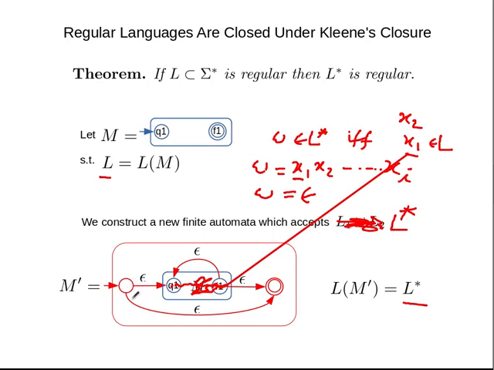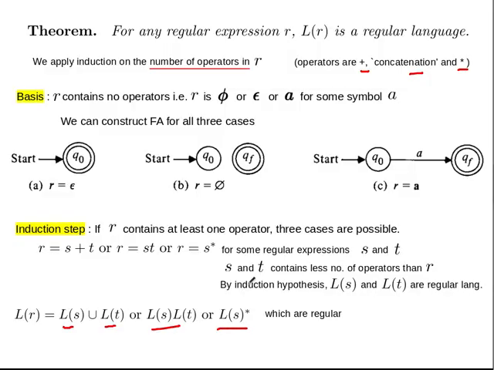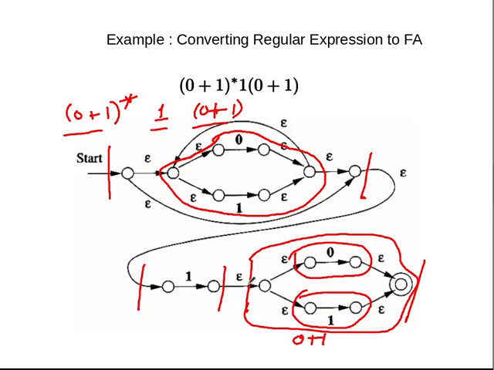So you use this epsilon transition and then this back edge, and with this and this. So it's the same thing. So this part is just 0 1. So we are using this here. We are using this back edge and this and this. So this entire thing then becomes the automata for 0 plus 1 star.